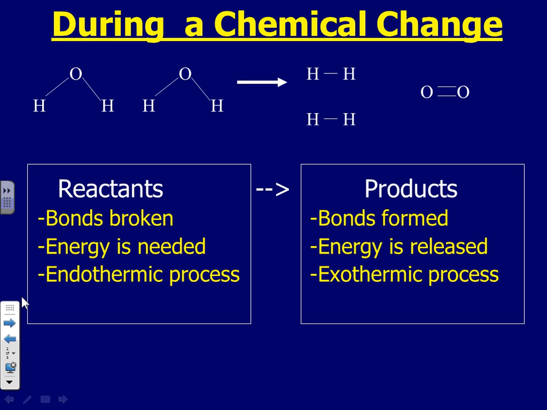We're going to have to draw some of these simple ones in this lesson. If you do include the lone pairs, it doesn't change the analysis of the problem, because if I were to put lone pairs on here, it doesn't change which bonds are being broken.